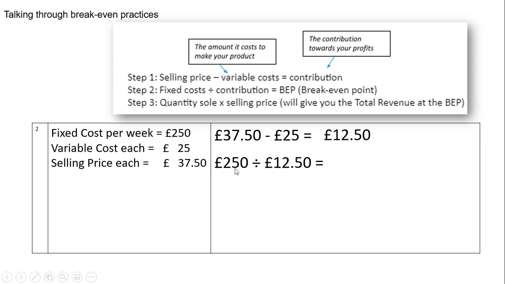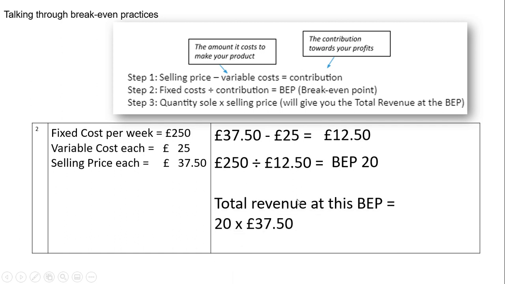Then you've got step 2, fixed costs divided by your contribution. So I've got my fixed cost of £250. I'm going to divide it by my profit, how much I make. And this will tell us our break-even point for units sold. So I have to sell 20 units in order to break even. Anything above 20 units and I'll be making a profit. Anything below, I'm making a loss.